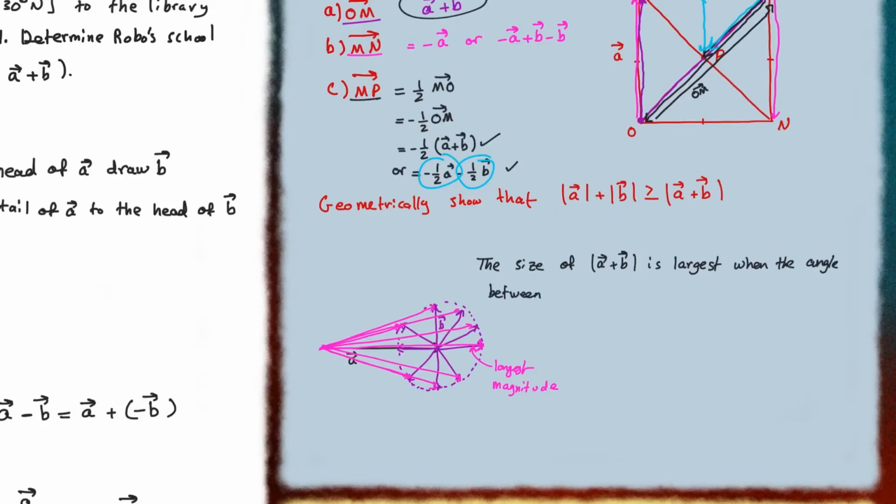I know in the video I have said it's 180, but if the vectors are in the same direction, then the hypotenuse will be the same length as the size of vector A plus the size of vector B. And that's the only case that is possible for a triangle. In all other situations, the hypotenuse will always be smaller.